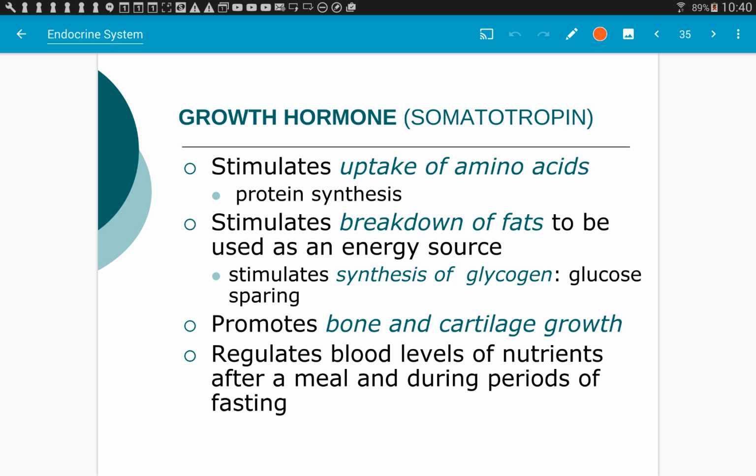So let's talk about the growth hormone, somatotropin being the other term for it. As I mentioned briefly, there are several different tissues that growth hormone influences. One causes you to uptake more amino acids. First, growth hormone is typically released when you're sleeping.